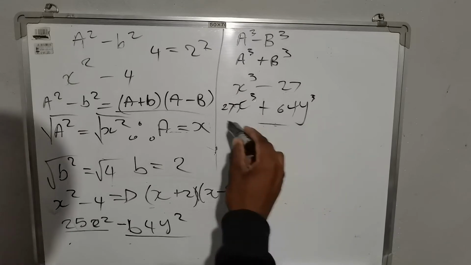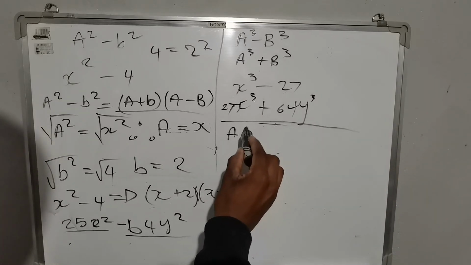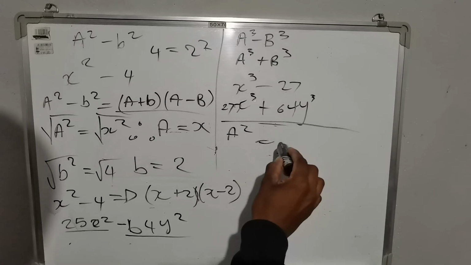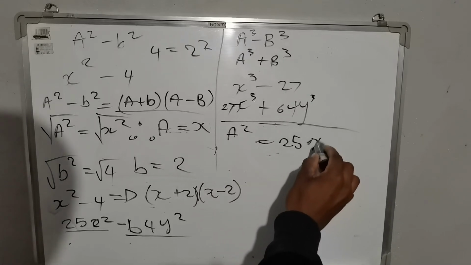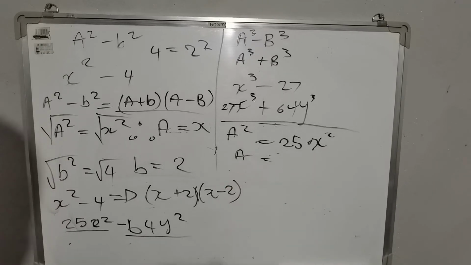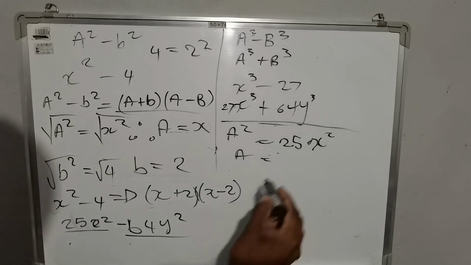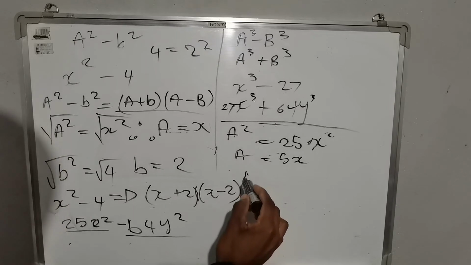Let's come and write here. I will just come and write the answer there. a squared is 25x squared. This makes a be equal to, what is the root of 25? It's 5. So this makes a equal to 5x.